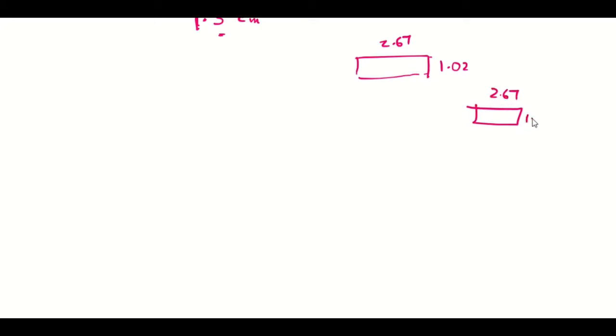Now let's suppose we were finding the area. So we have this thing 2.67 and let's say 1.0. Well, let's do it with both 1.02 and also with 2.67 and 1.0. Okay, a more careful measurement or more accurate measurement and less accurate measurement. So in the first case, the area is going to be 2.67 times 1.02.